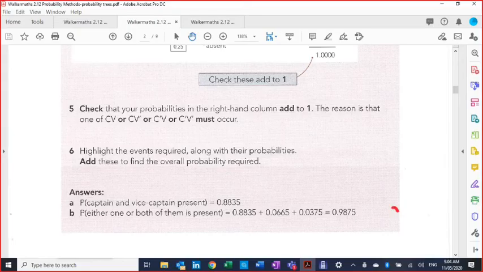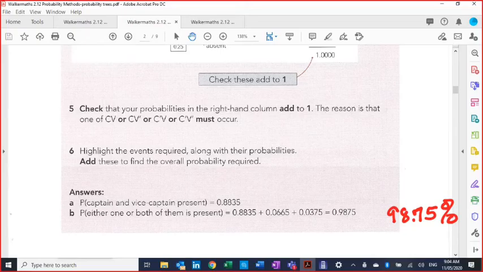They don't here, but if you did, remember you can just move the decimal 2 places. And 98.75% is a pretty big percent. So you can pretty much count on the fact that one or both of them will be present at the assembly.